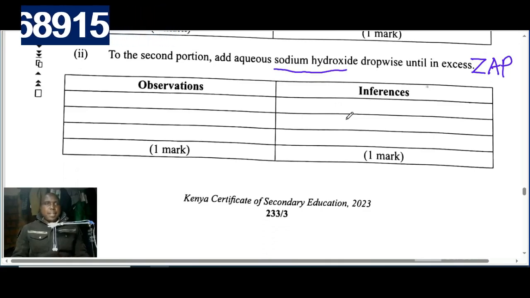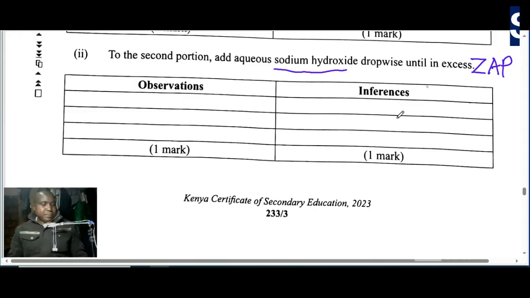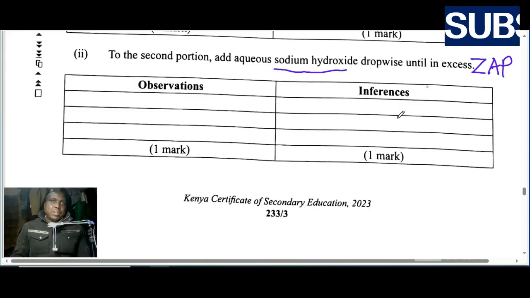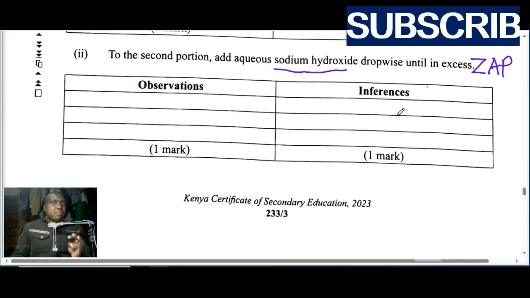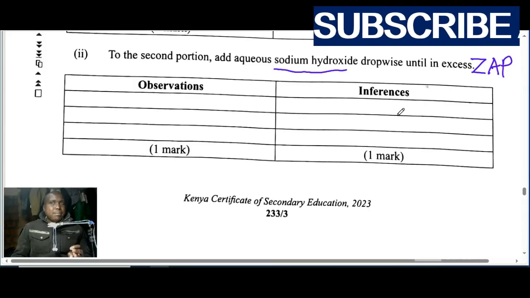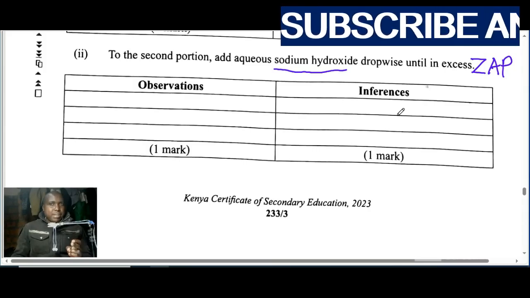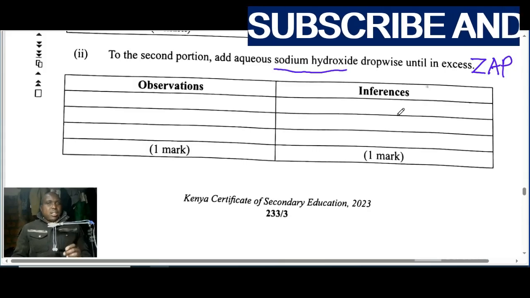If a white precipitate is soluble in excess, then ZAB is present. A white precipitate insoluble in excess, then magnesium and calcium present.